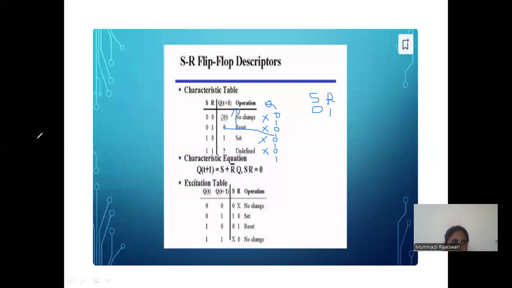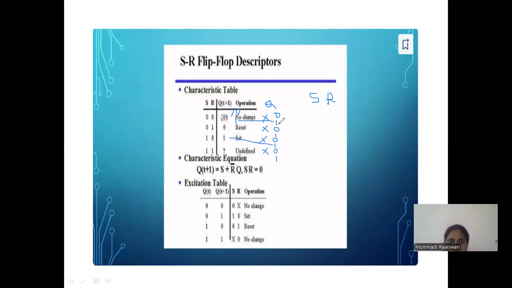So we see the last condition of your SR flip-flop, that is Qn is 1 and Qn plus 1 is 1, 1. When both are 1, 1, this is one condition and this is one condition. This one is Qn and this one is Qn plus 1.